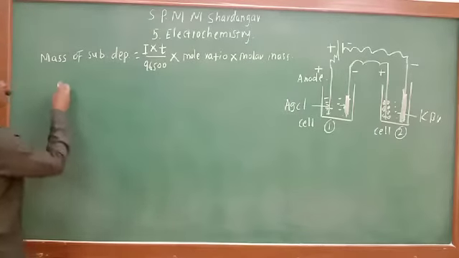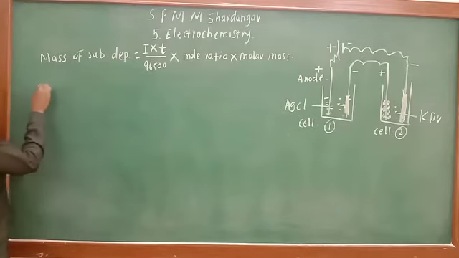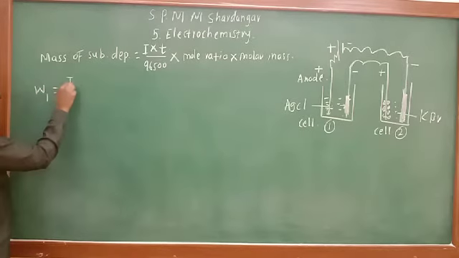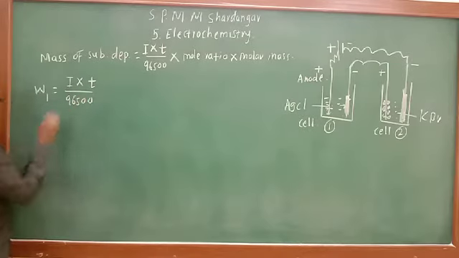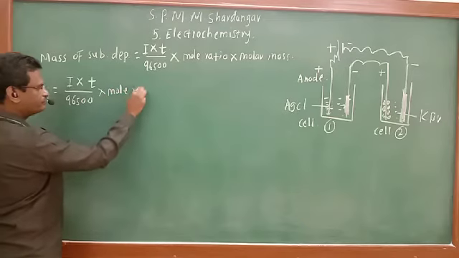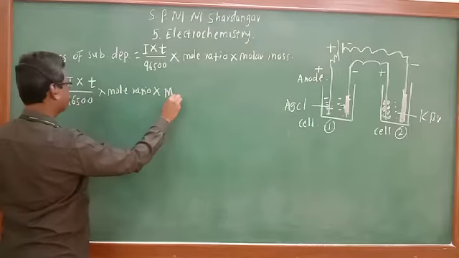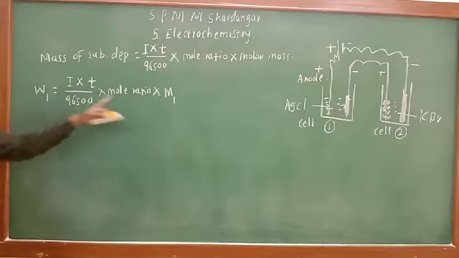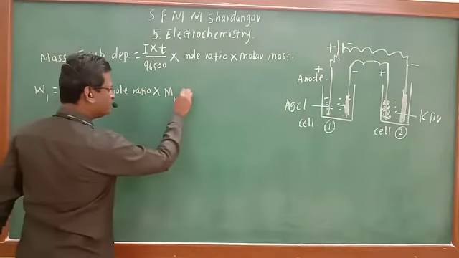So the mass of silver, let us consider that as W1, is I into T divided by 96,500 into mole ratio into molar mass M1. Here we have written W1, so I am writing M1. Let this be equation number 1.